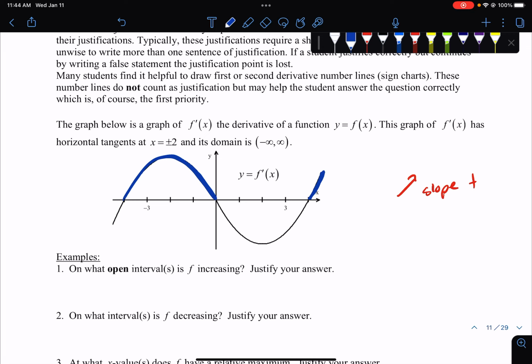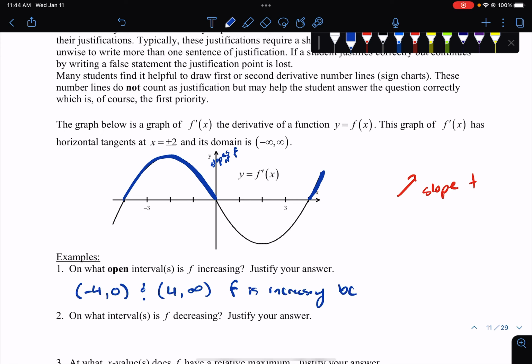Remember, these y values, sometimes if you write that the y value is the slope of f, that might help you as well. So what I would say is from -4 up until 0, and from 4 to infinity, because it tells me my function goes all the way to infinity, f is increasing because, now my because has to be based on the graph it gave me.